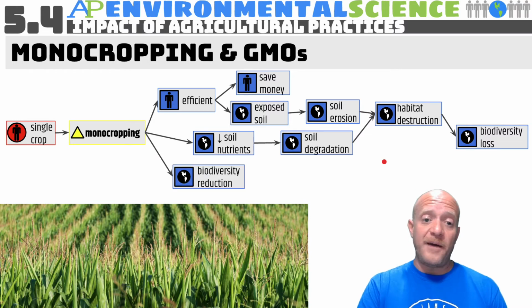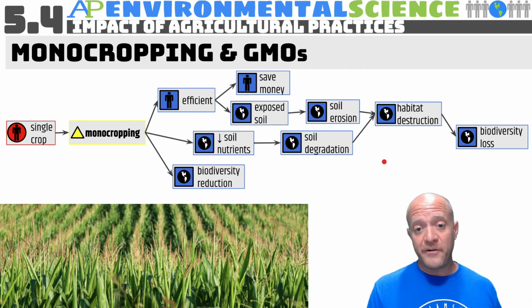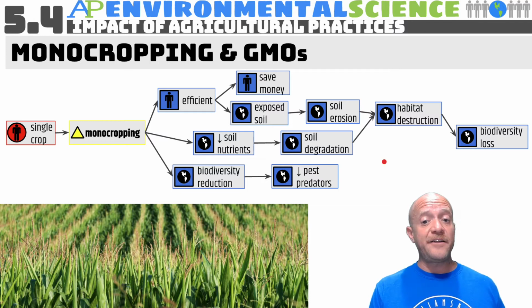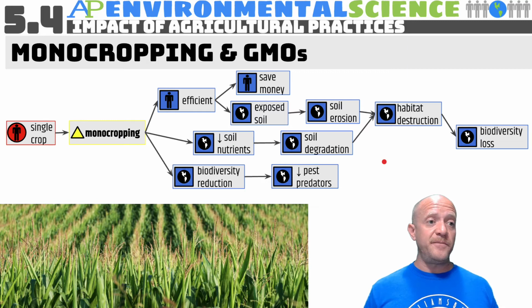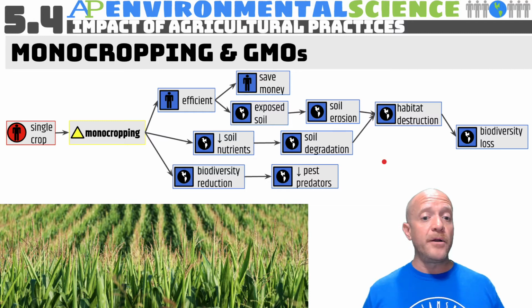Also, when you monocrop, you're only planting one type of organism, which severely limits the food webs that can form in this field. So it is overall reducing biodiversity, which can decrease the pest predators. I may have a certain pest that is feeding on corn, for example an insect, and I might have birds that are feeding on that.